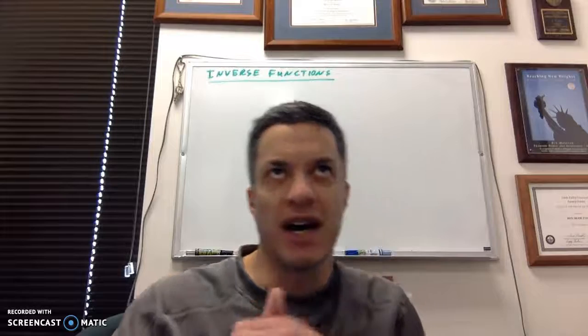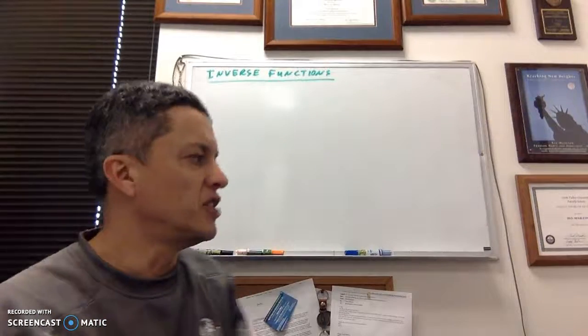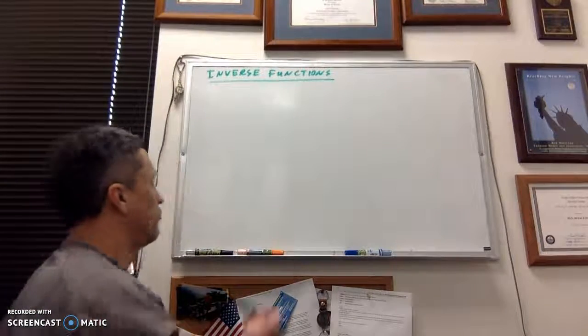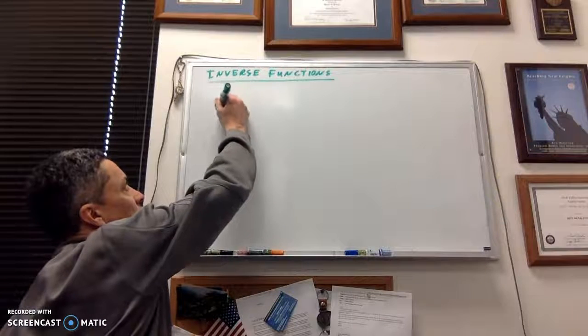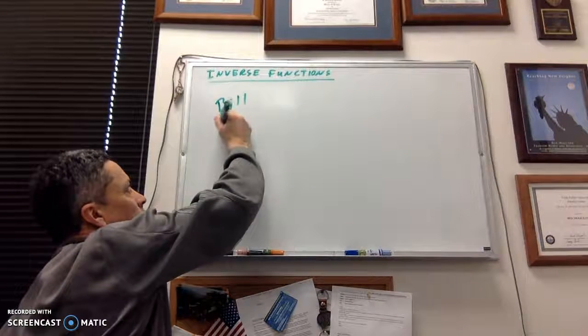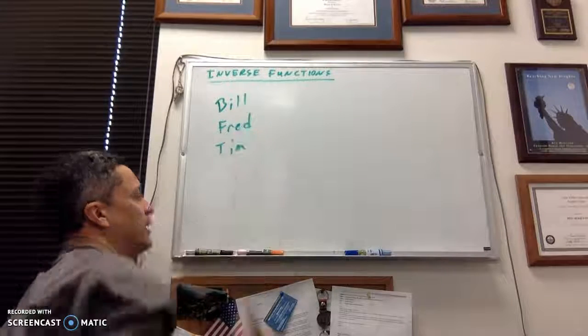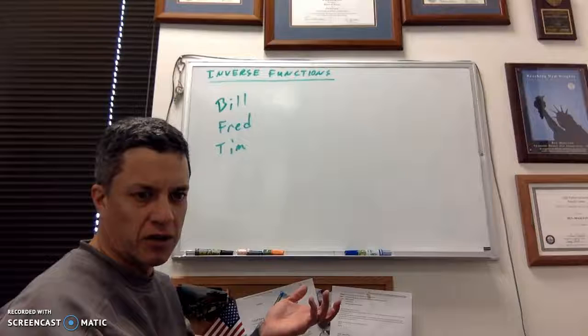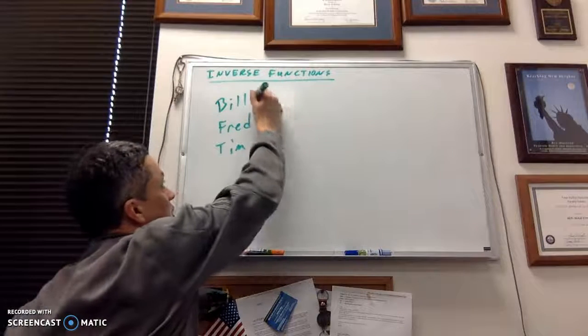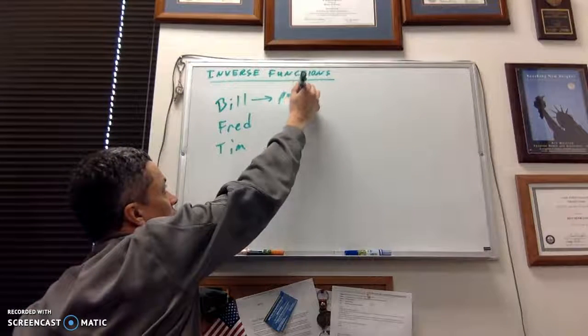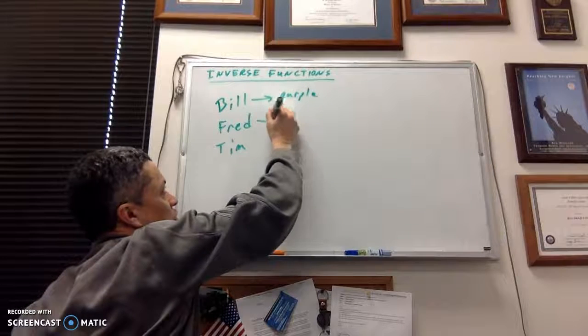So suppose you've got 3 kids. You got Bill, Fred, and Tim. Okay? And suppose that Bill's favorite color is purple. And Fred's favorite color is blue.